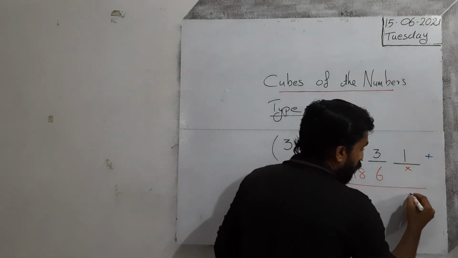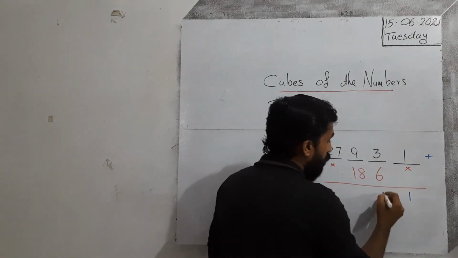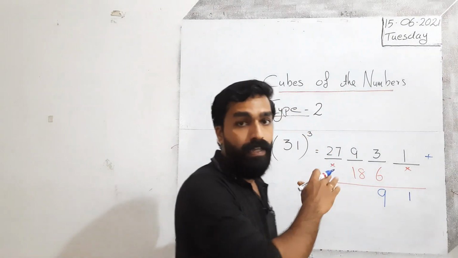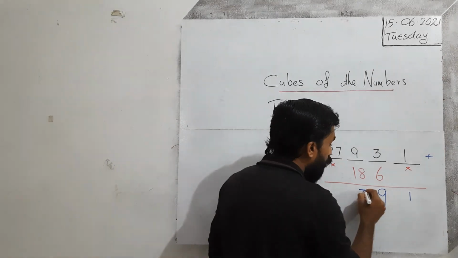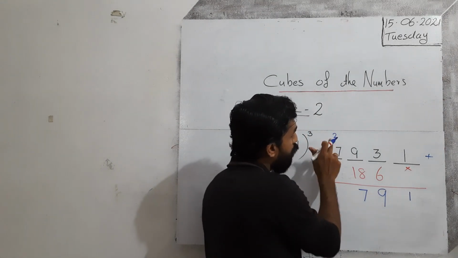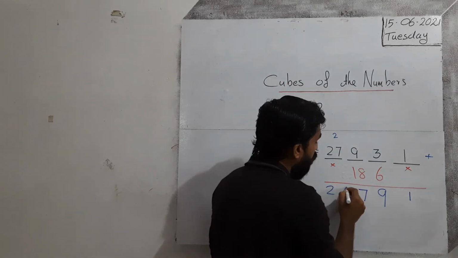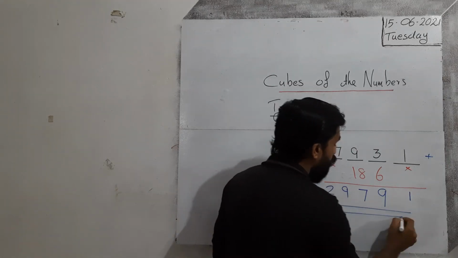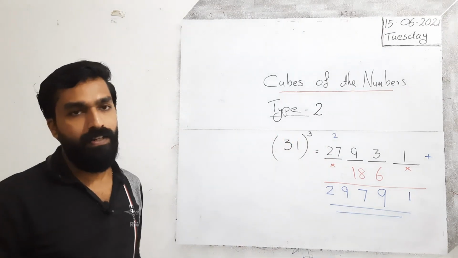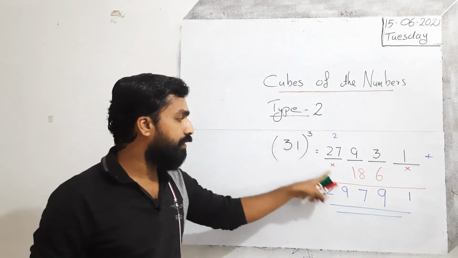Here 1, then 6 plus 3 is equal to 9, 18 plus 9 is equal to 27, 2 will come, and 27 plus 2 is equal to 29. So the answer is 29,791. So the cube of 31 is this.